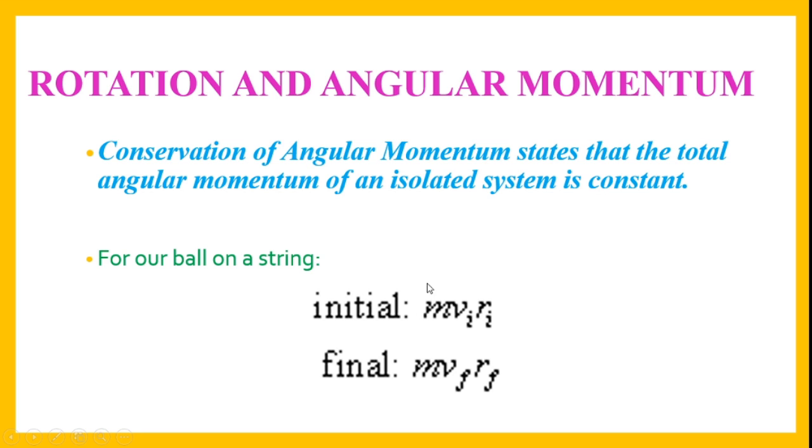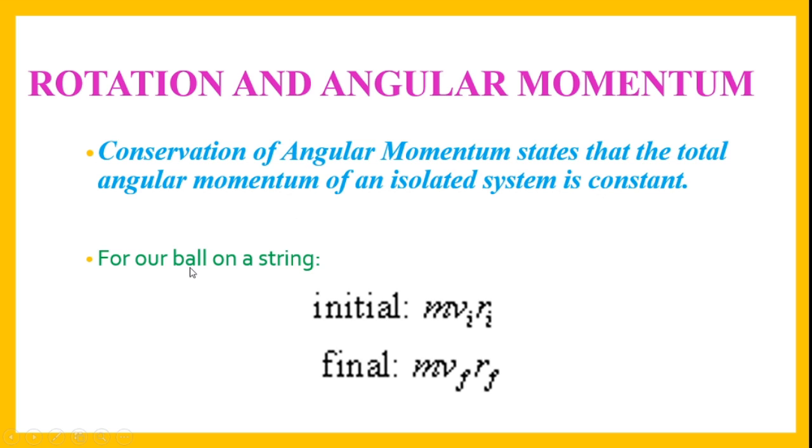Now we will see the conservation of angular momentum definition. According to the law of conservation of angular momentum, the total angular momentum in an isolated system remains constant. That means whatever changes may be there in the moment of inertia or in the angular acceleration, the angular momentum remains constant when the product is taken.